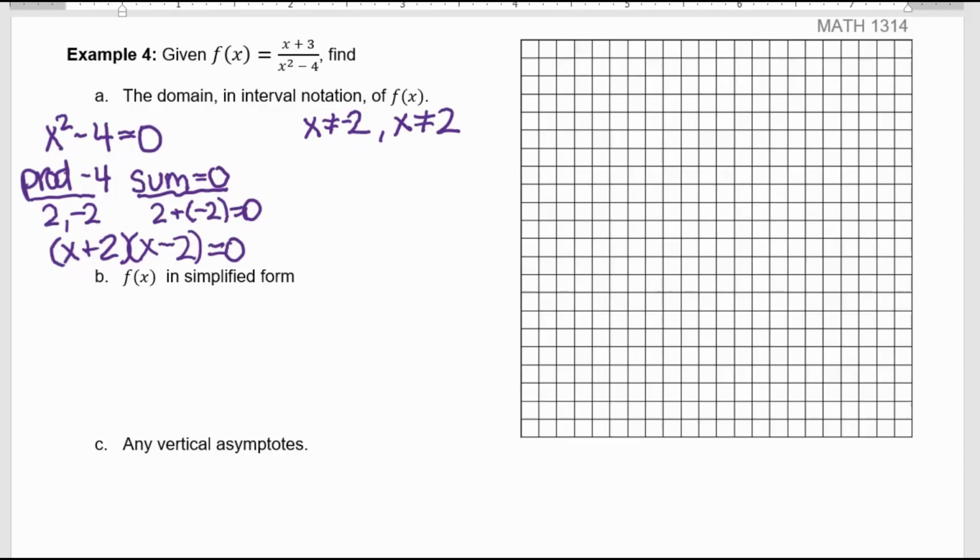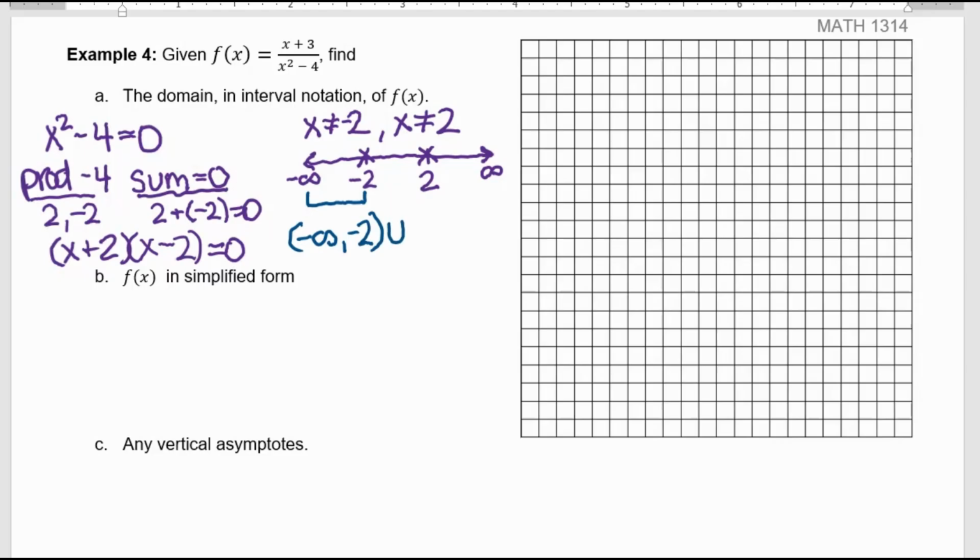From here, we need to write interval notation. Remember, you can always do your number line, negative infinity on the left, positive infinity on the right. The values that we found that make our denominator equal to 0, remember that we cannot be those values. So the first part of our domain is going to be negative infinity to negative 2, using parentheses because we cannot include negative 2.